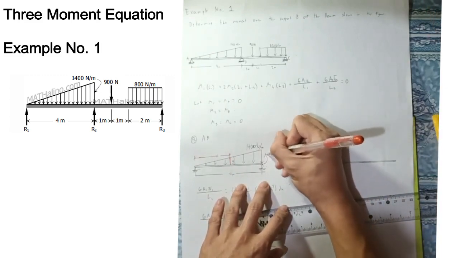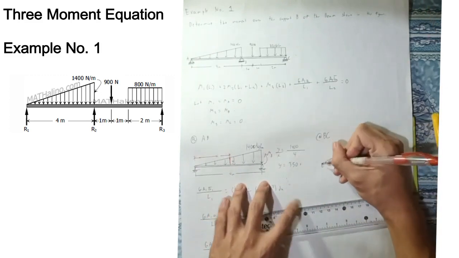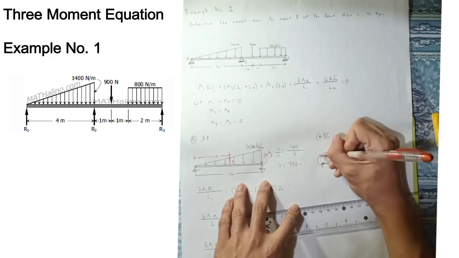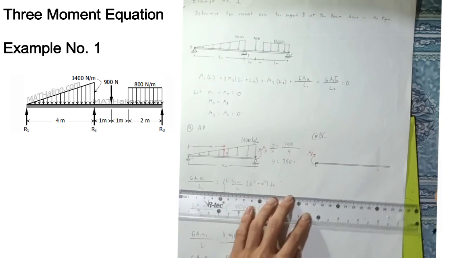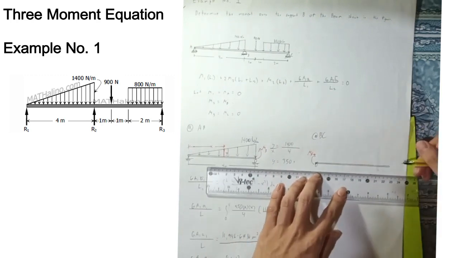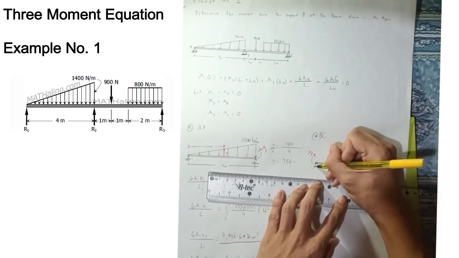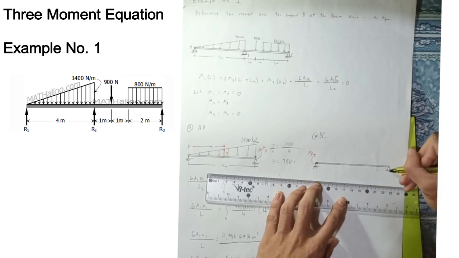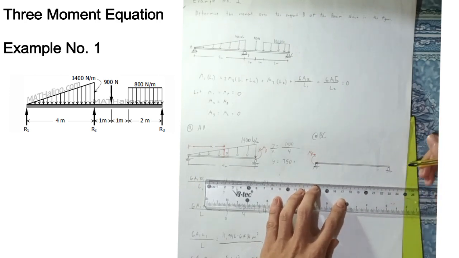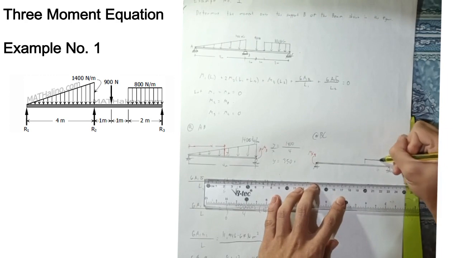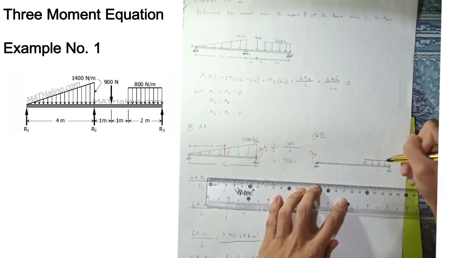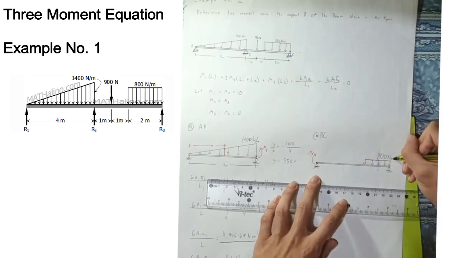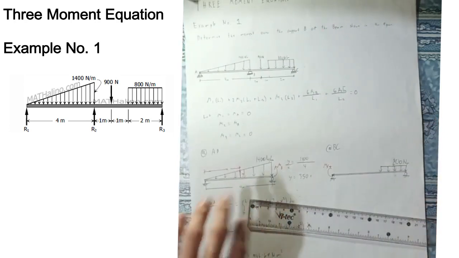Oh, forgot the moment. So may moment din dito. We have a roller, both sides, distributed load, 800 Newton per meter.